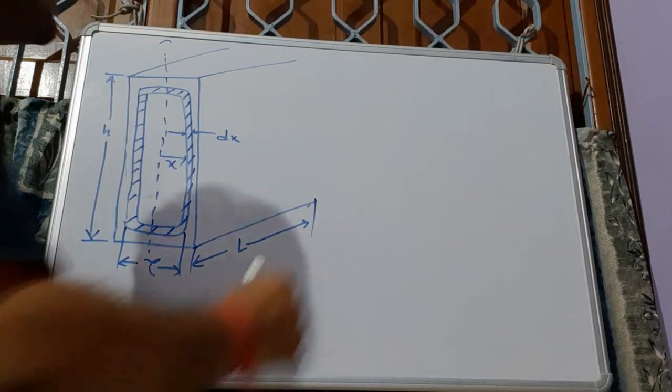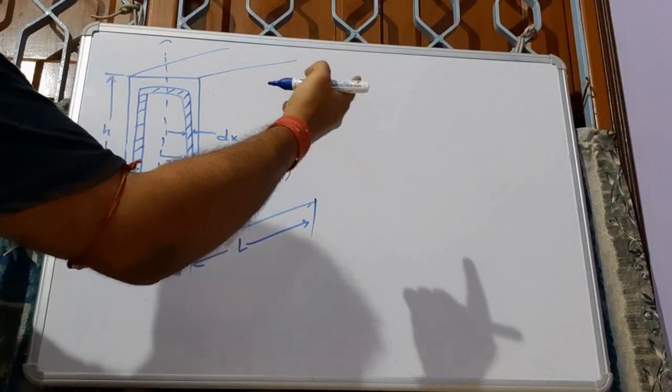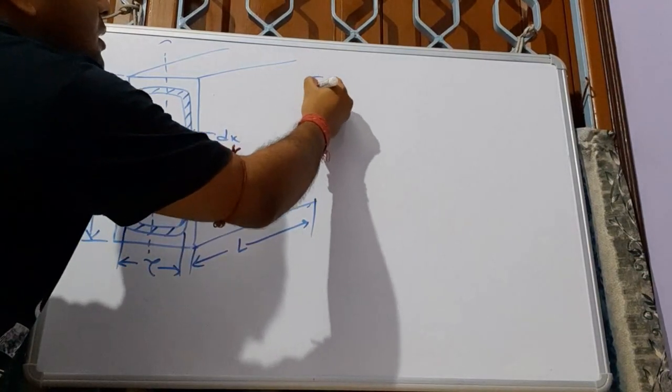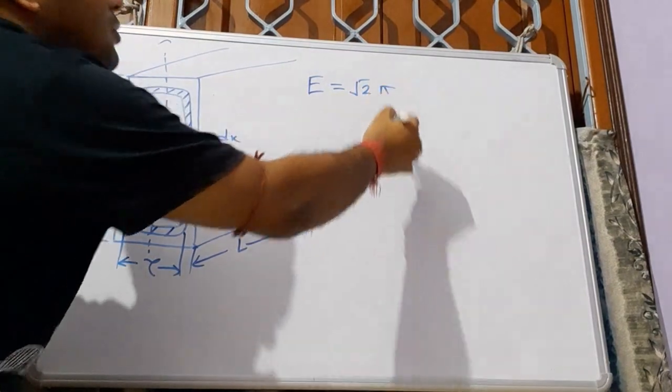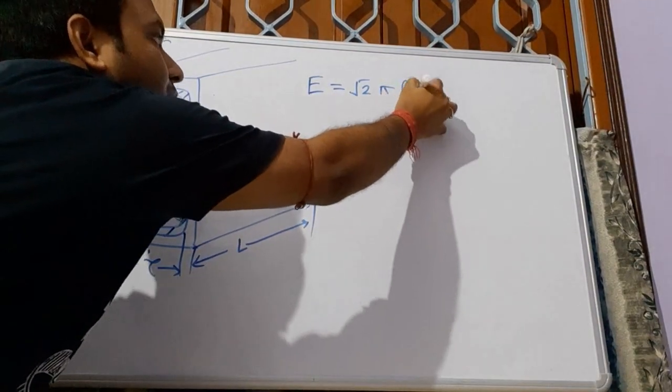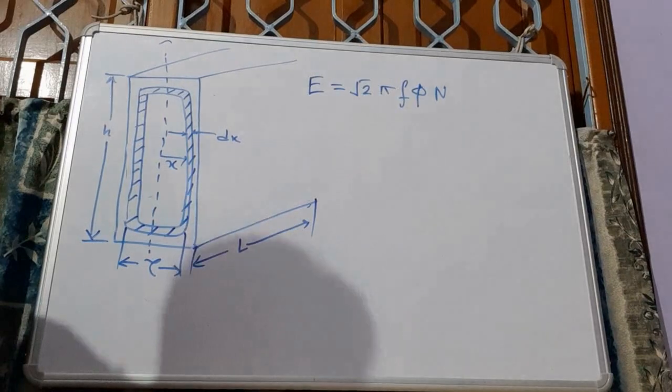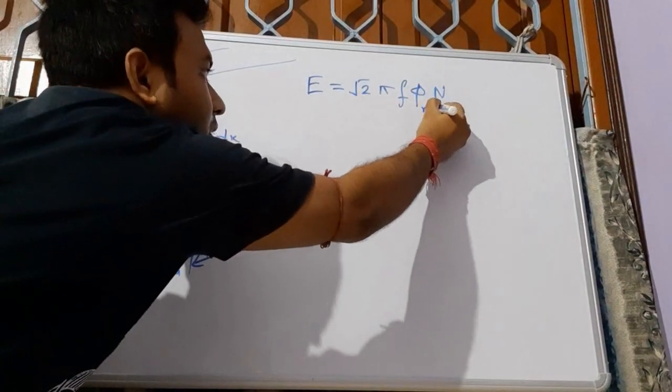Now we know from the EMF equation of transformer, E equals root 2 pi f phi n, phi max for transformer.